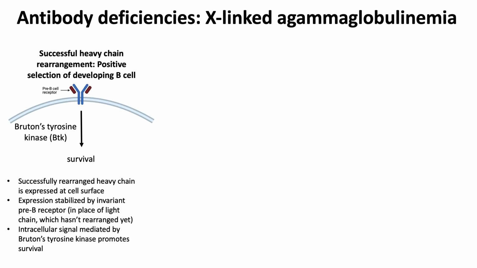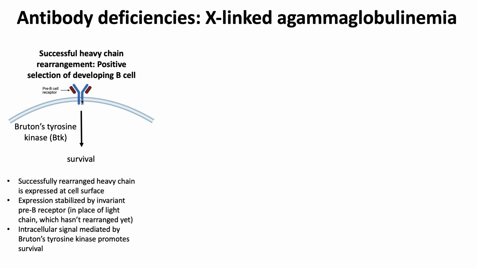The next antibody deficiency that I want to just discuss briefly is X-linked agammaglobulinemia. This is a disease that results from defective cell signaling during lymphocyte development. Now, under normal circumstances, when our antibody receptors rearrange, and the heavy chain rearranges successfully, it gets expressed at the cell surface along with this companion molecule, the pre-B cell receptor that stabilizes its surface expression.